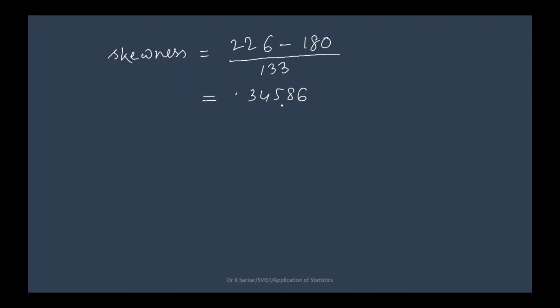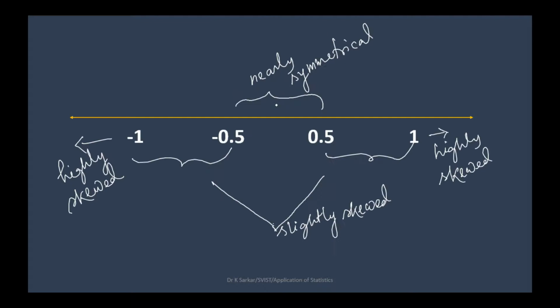According to this value, it lies on the number line from minus 0.5 to 0.5; 0.3 is somewhere here. So it is nearly symmetrical.